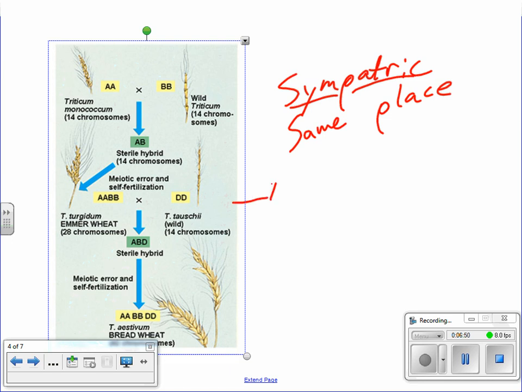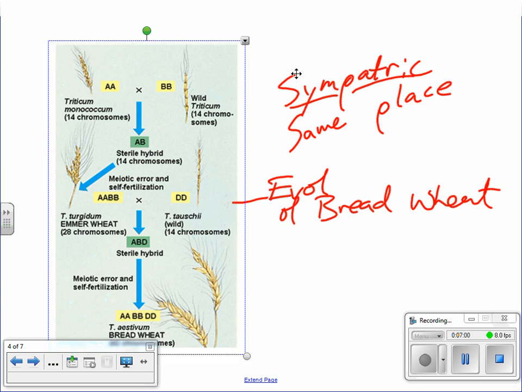This is what's from your book known as the evolution of bread wheat. And what happened was we had two different species of wheat actually fertilize and create a sterile hybrid. Okay, so that sterile hybrid, which normally would not be able to divide and go through meiosis, actually went through autopolyploidy sympatric speciation.